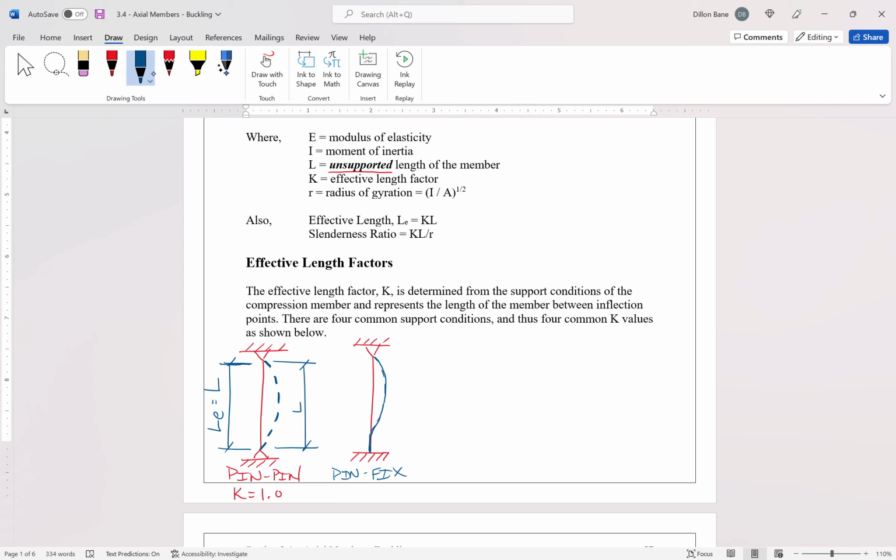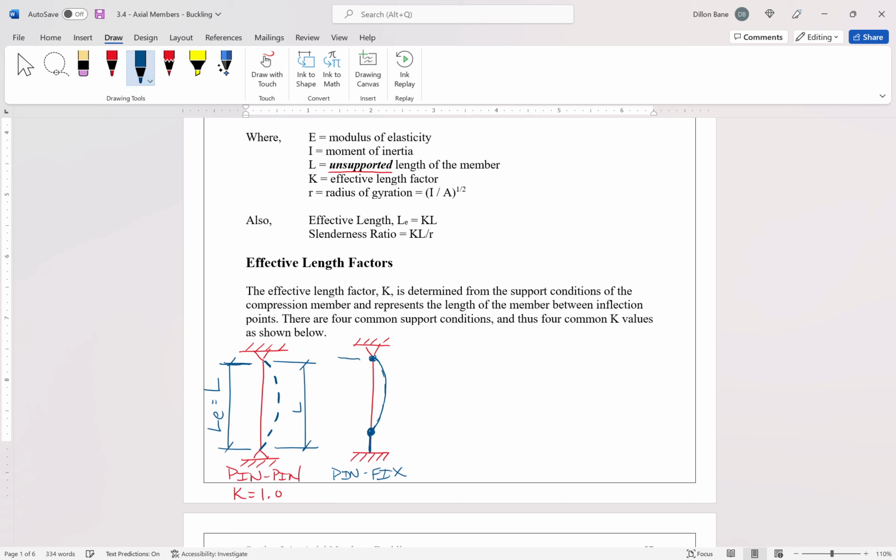And then up here at the top of the column that we've just drawn, the buckled shape is concave to the left, right? So we have an inflection point somewhere about right here, in general. And we'll call this other inflection point up here at the top, at the end of the column.